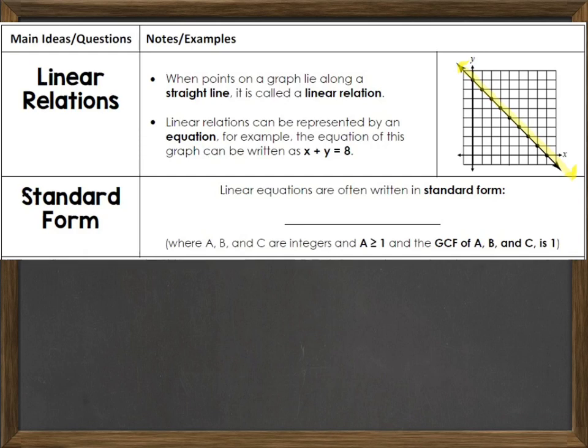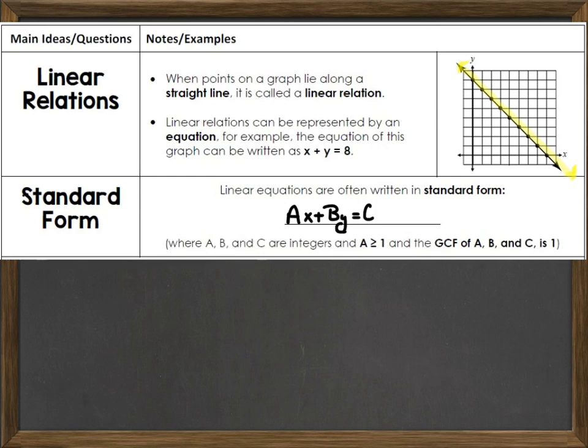Now there are a couple of forms that you can use. That particular form is standard form, and I want you to write this down. Linear relations are often written in standard form, and that is simply ax plus by equals c, where a, b, and c are integers, and x and y are your variables.